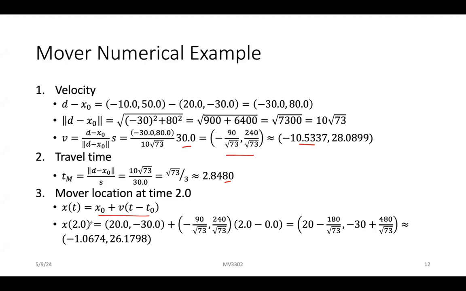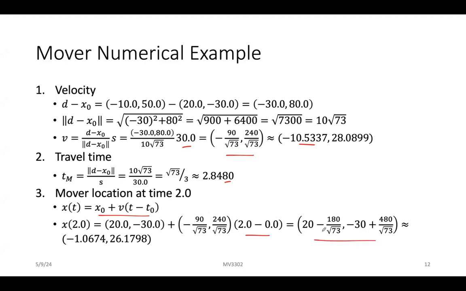So our location at time 2 is our starting point plus our velocity times the elapsed time. We started at 0, so the elapsed time is still 2.